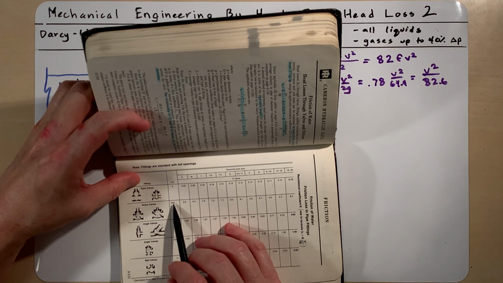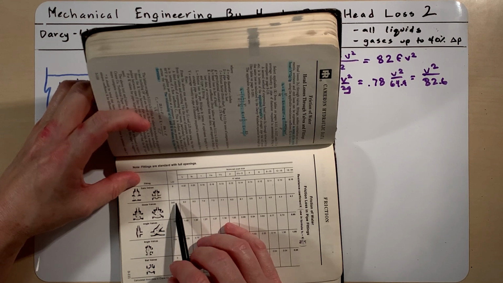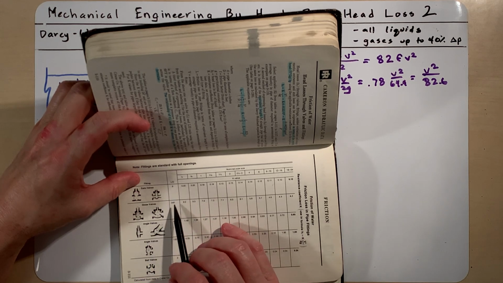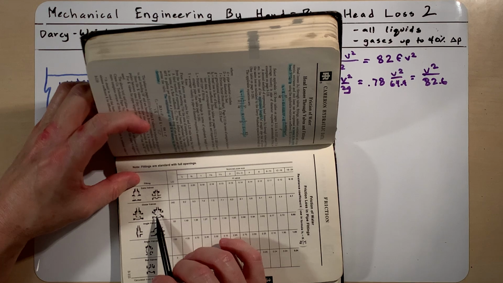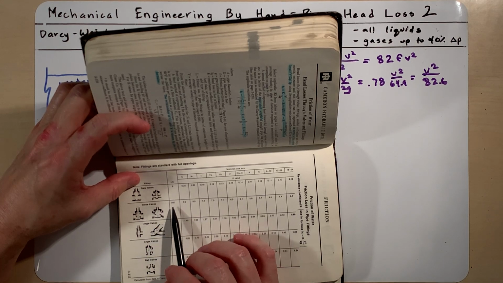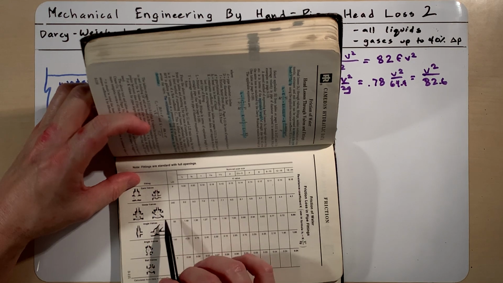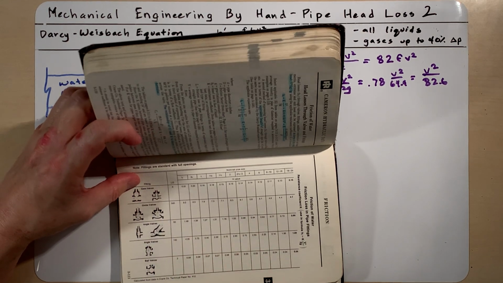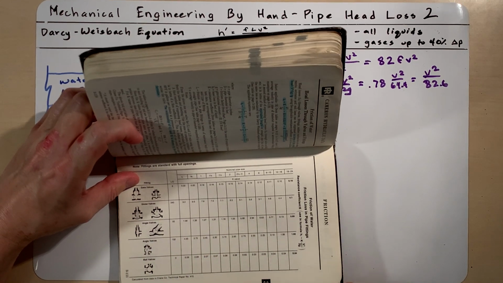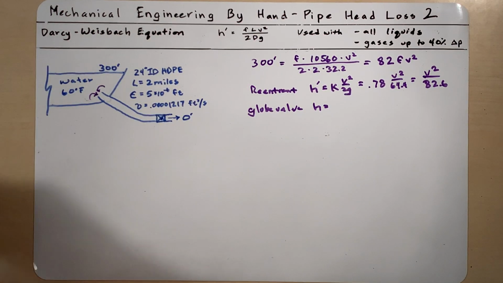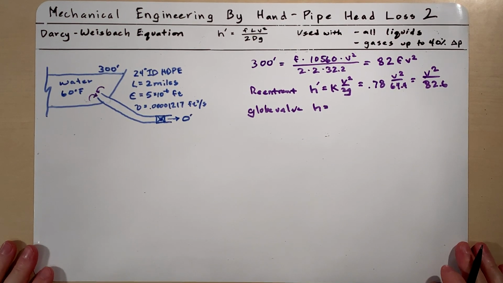So if we were to use that method, we would multiply 340 times 2, and we would get 680. So that globe valve, when it's 100% open, is equivalent to 680 feet of pipe. So just remember that anytime you see a globe valve, make sure you include that head loss because it's usually significant.